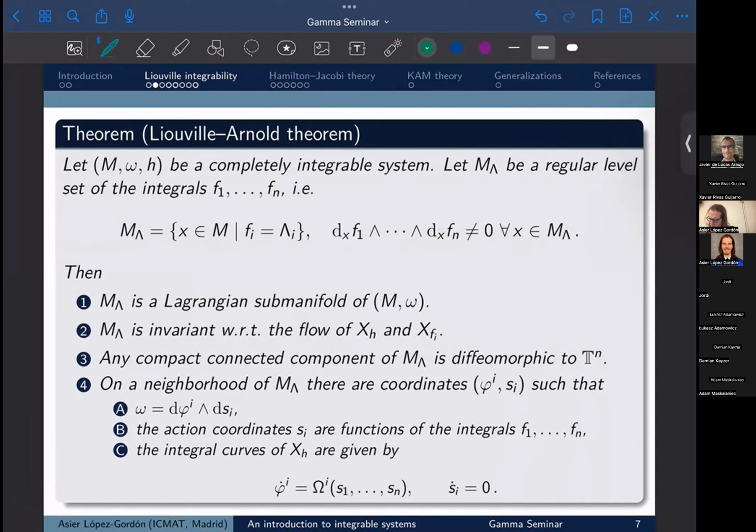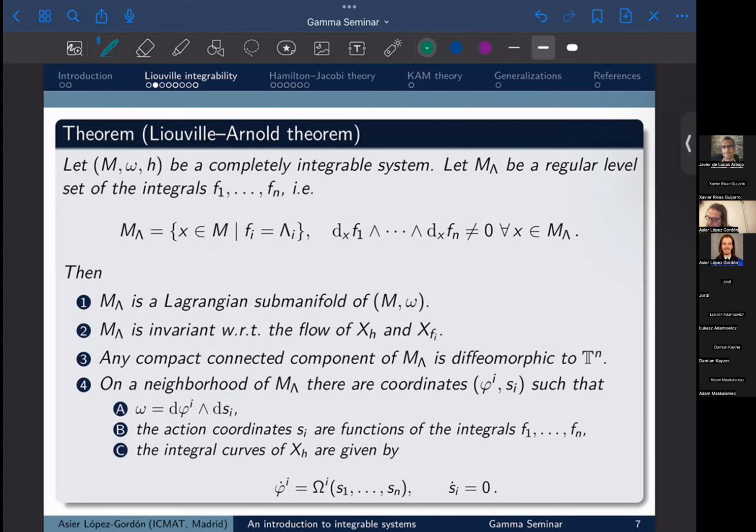If you notice, that means that the Si and the Phi among themselves, Phi with Phi and Si with Si, they are all in involution. I mean, this form of the omega tells you that you have two families of n functions in involution, Phi I and Si. They are by themselves in involution.